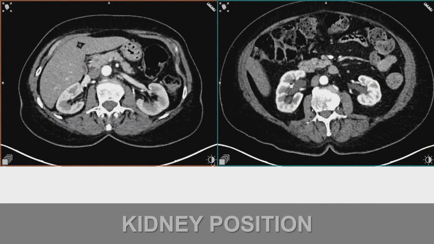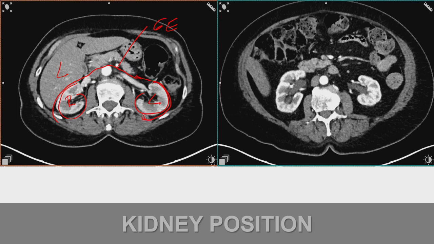Here we have two CT images in one patient documenting the position of the kidney. This is the liver, this is the right kidney, this is the left kidney, and the fascia renalis here in the upper part is quite small, and this is the Gerota fascia.